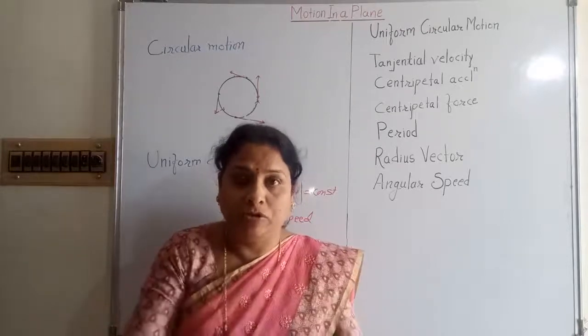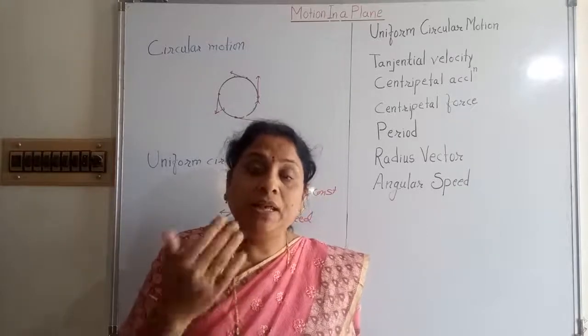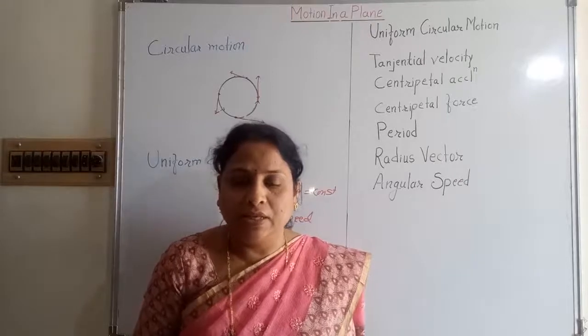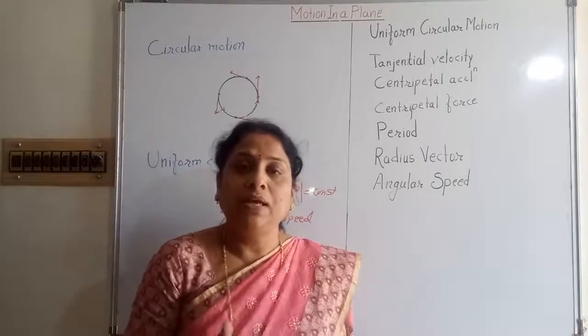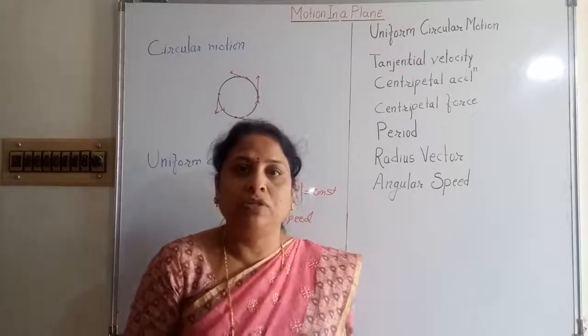But in linear motion, when the object changes its speed, increases its speed, we call it accelerate. We use acceleration in a car, the car accelerated. In that case, when the velocity increases, the acceleration is in the direction of velocity.